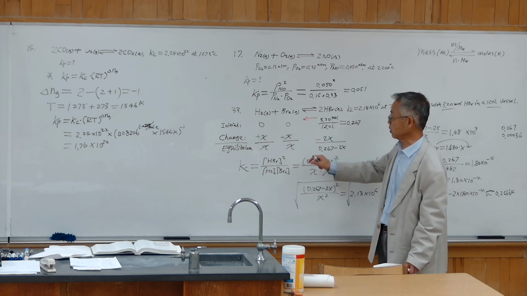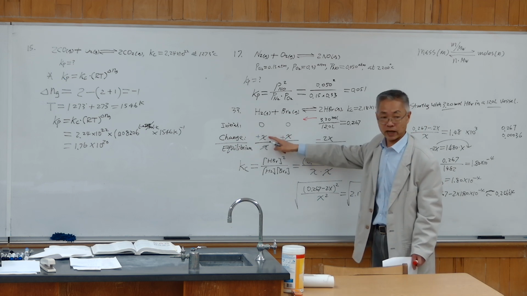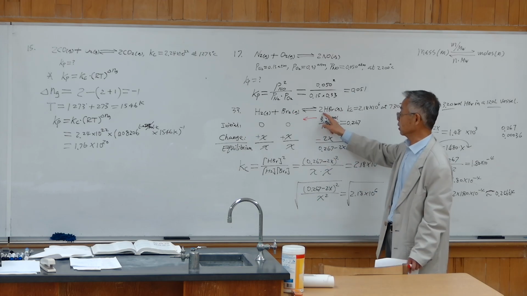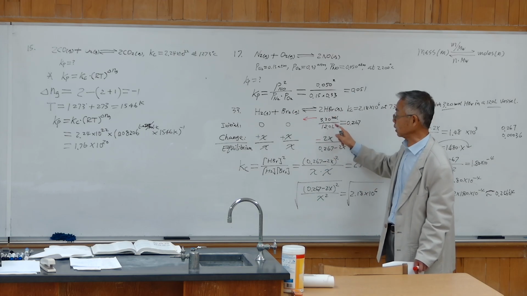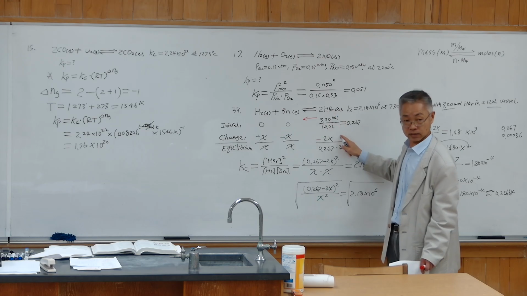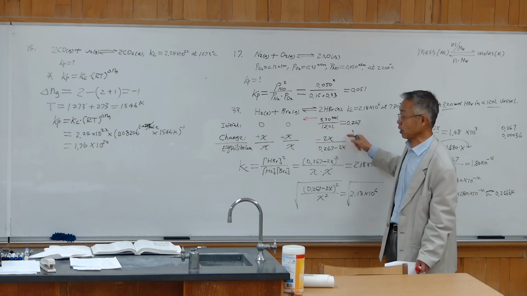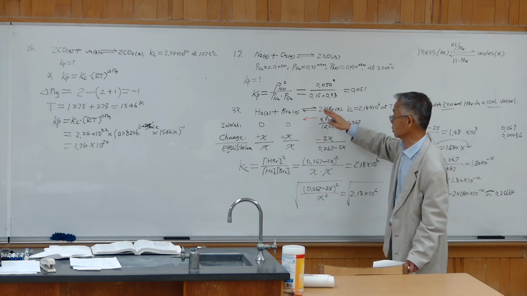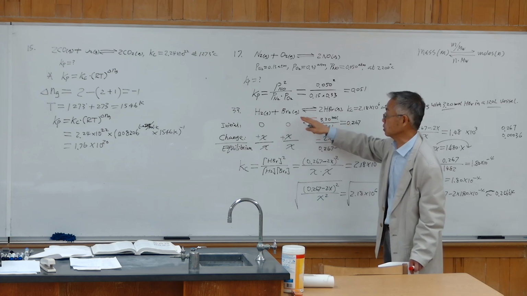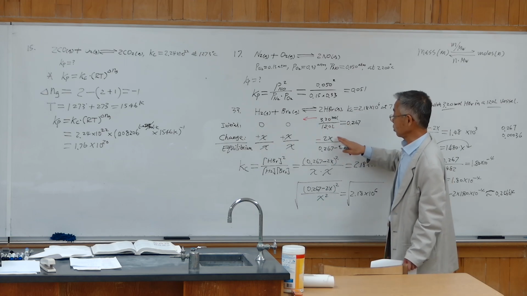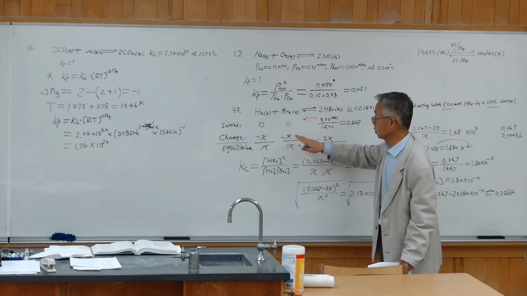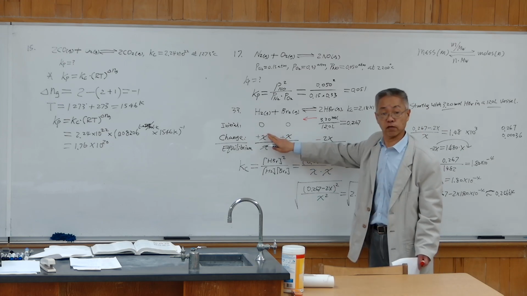Here we set the variable: H2 is x, Br2 is x, then HBr will be 2x. If you prefer to set HBr as x, because this serves as a reactant, right? We explained that it's because we start with HBr only. These two have nothing there.